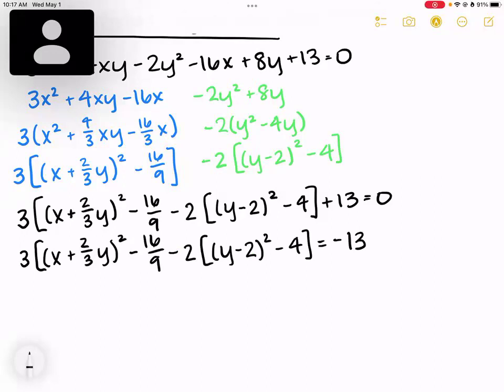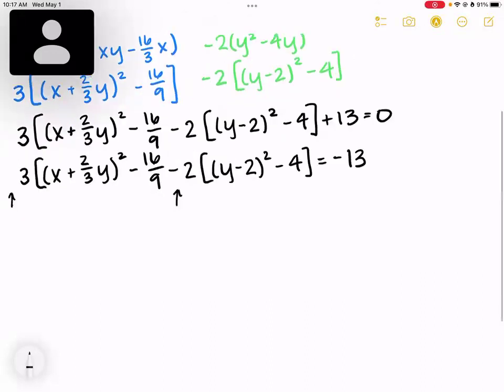Perfect. Then we'll divide by constants if needed, which in this case we will. We want to get rid of this negative 13. We want it to be positive, so we'll divide the entire thing by negative 1. Remember, because of these parentheses, the only two signs that are changing are this one and this one. So again, it's pretty much a rewrite.